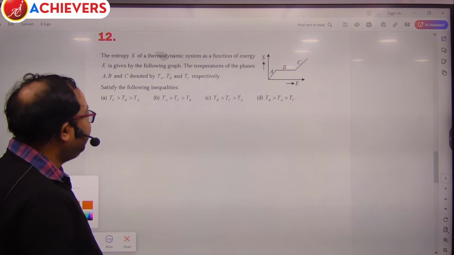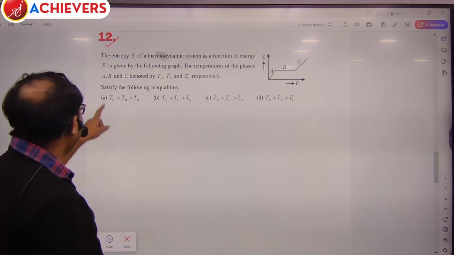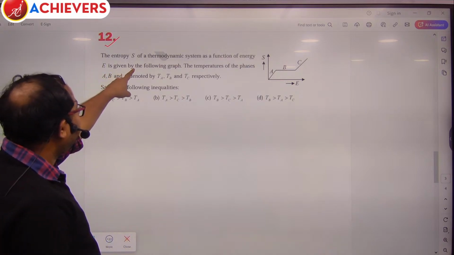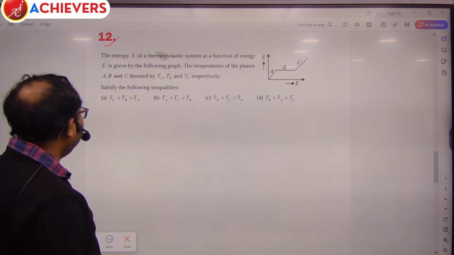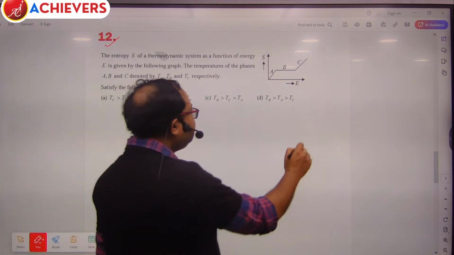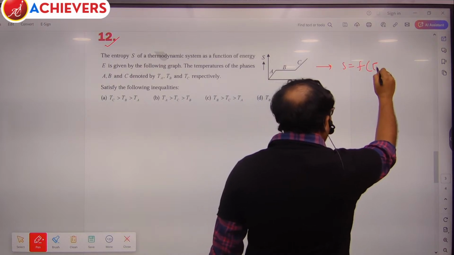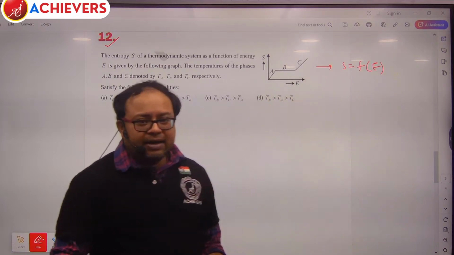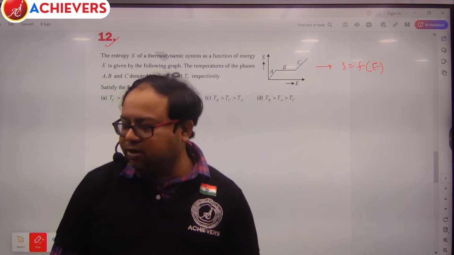This one is a very interesting problem. You see, the entropy of a thermodynamic system as a function of energy is given by the following graph. Basically, this graph expresses entropy as a function of energy.